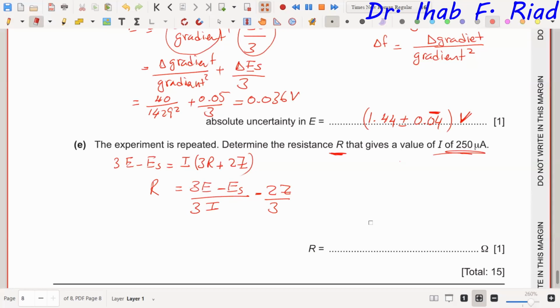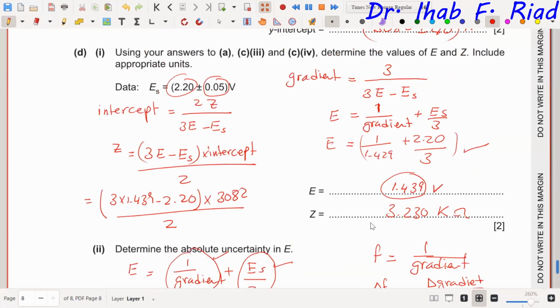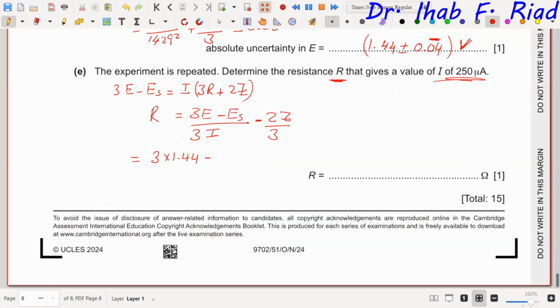No, all we need is just to plug in the values that we have. So do we know E? Yes, we do. 1.44, right? What about ES? Yes, 2.2.